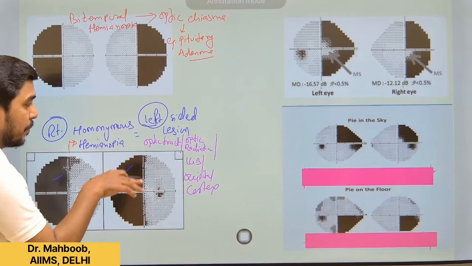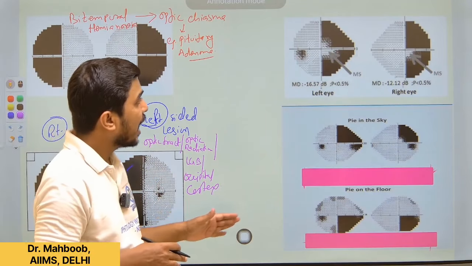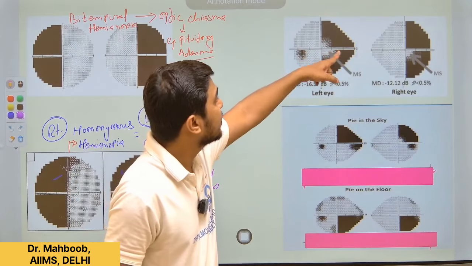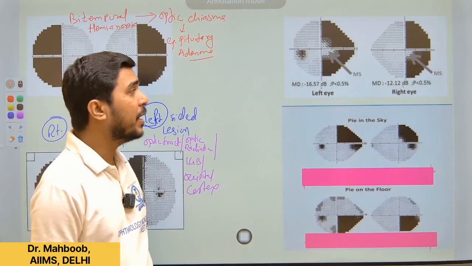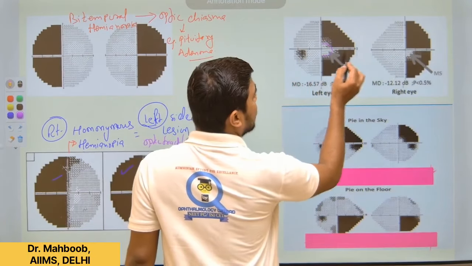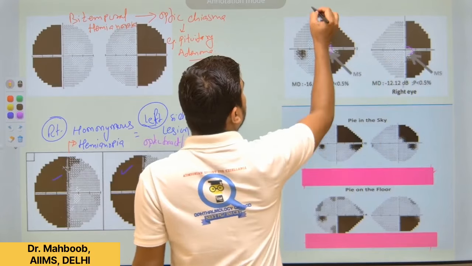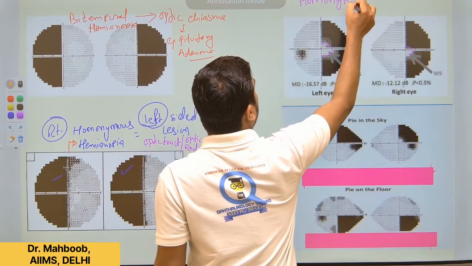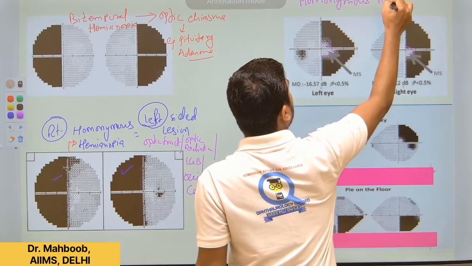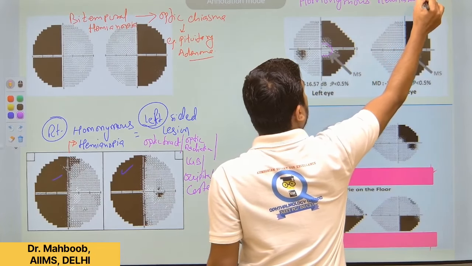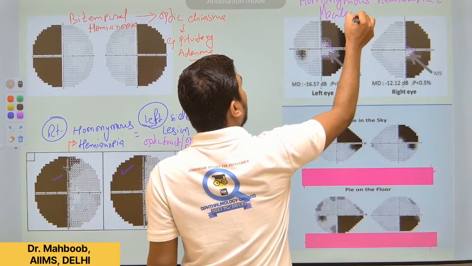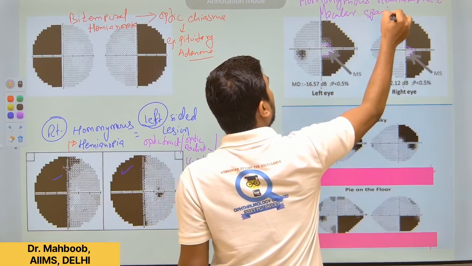Anything can be possible. But remember, if they give you this question, that there is a homonymous hemianopia but the macula is spared, this is called homonymous hemianopia with macular sparing.